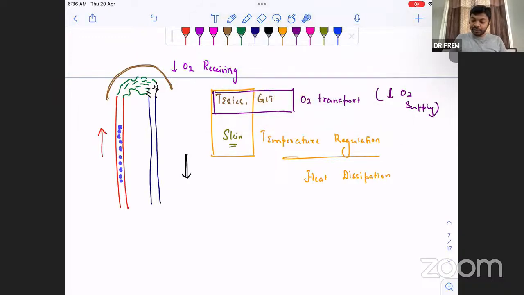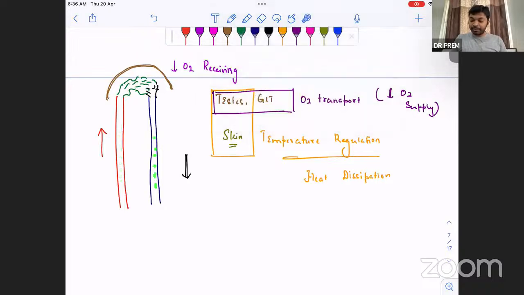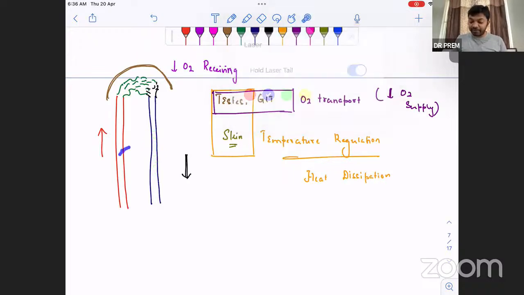On the other side, we see blood flowing with a lesser temperature. When the temperature of blood in the other vessel is very low, there is going to be transfer of heat from one blood vessel to the neighboring blood vessel. So before even the heat is dissipated to the periphery, a good amount of heat is transported to the blood of the neighboring blood vessel. As a consequence, there is going to be early dissipation of heat.